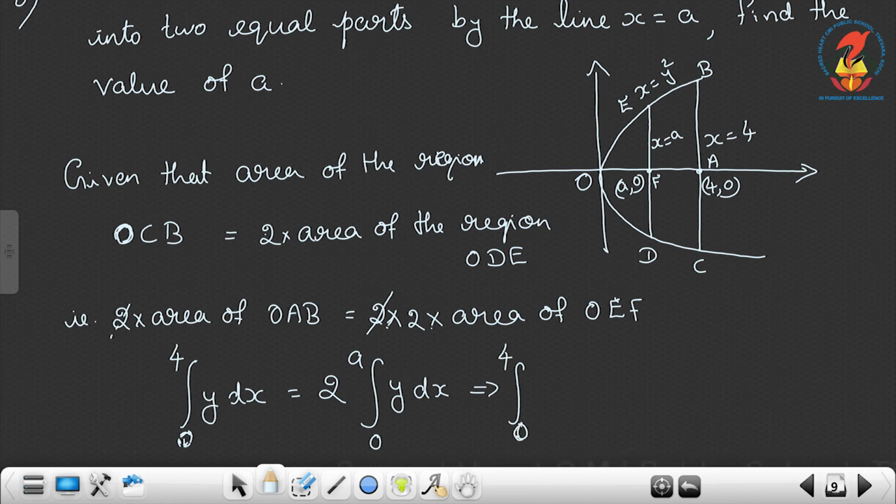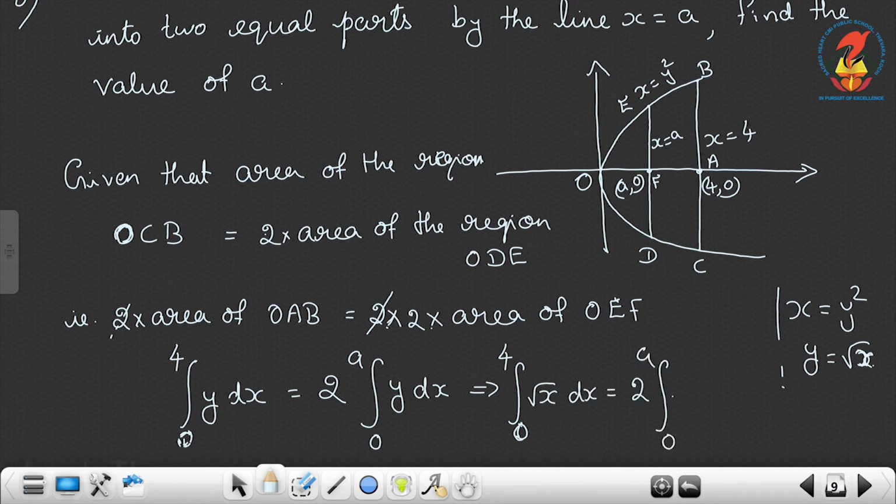What is y? x is equal to y square. So y is equal to root x, since it is the upper portion. So integral 0 to 4 root x dx is equal to 2 times integral 0 to a root x dx.